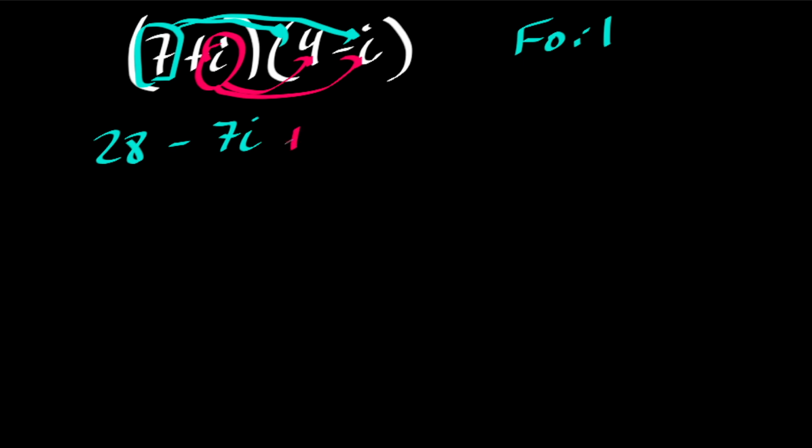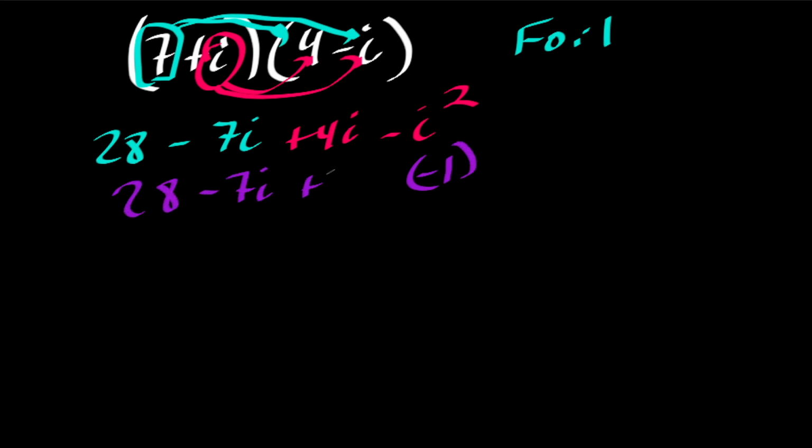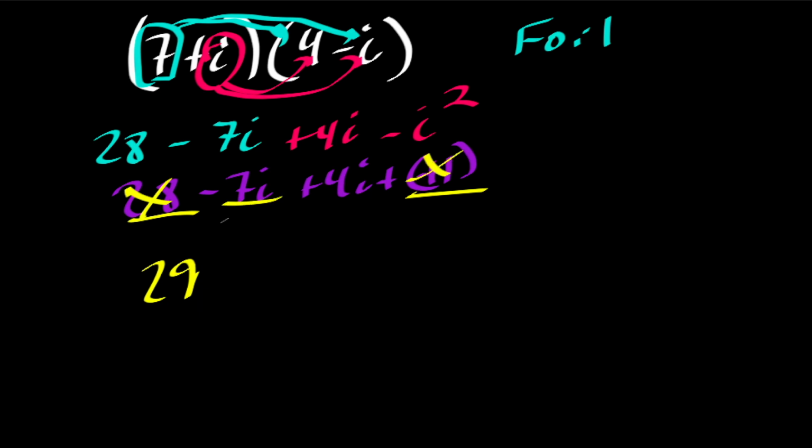That would give me plus 4i minus i squared. Once again, we can replace i squared with negative 1. So we would end up with 28 minus 7i plus 4i minus a negative 1, which changes to plus 1. Now all we have to do is combine like terms. 28 plus 1 would give me 29. Negative 7i plus 4i is going to be negative 3i, and we're finished.